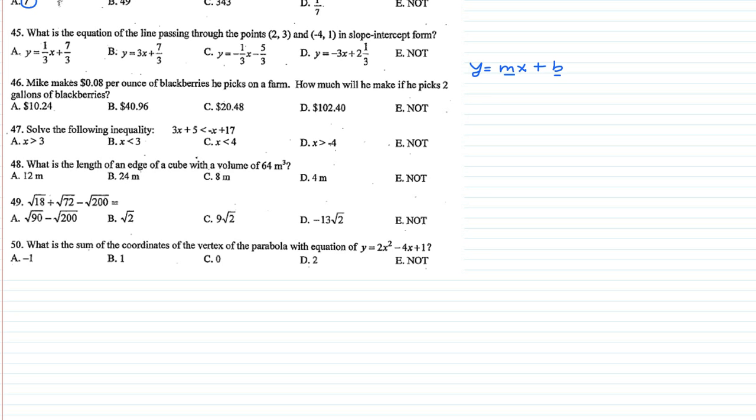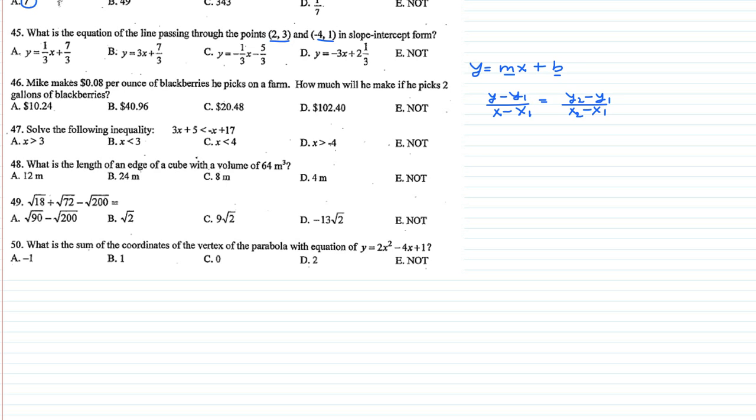Since 2 points are given to us, we will write this formula: y minus y1 divided by x minus x1 is equal to y2 minus y1 divided by x2 minus x1, where (x1, y1) is the first point and (x2, y2) is the second point.